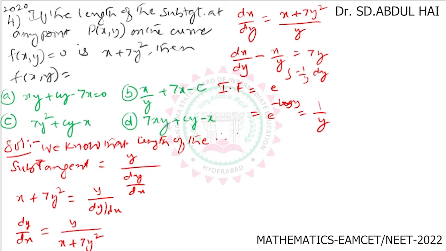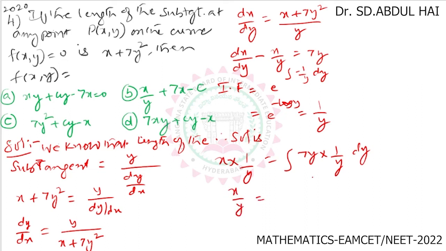Therefore, the solution is x into the integrating factor, that is 1 by y, equal to the integral of Q, that is 7y into the integrating factor 1 by y dy, isn't it? So this is nothing but x by y equals the integral of 7 dy, which is 7y, and I am adding some constant c as the constant of integration.